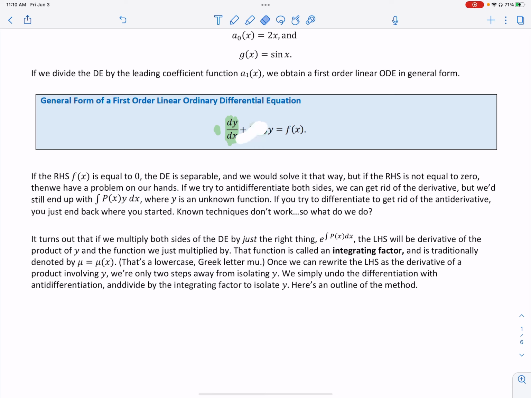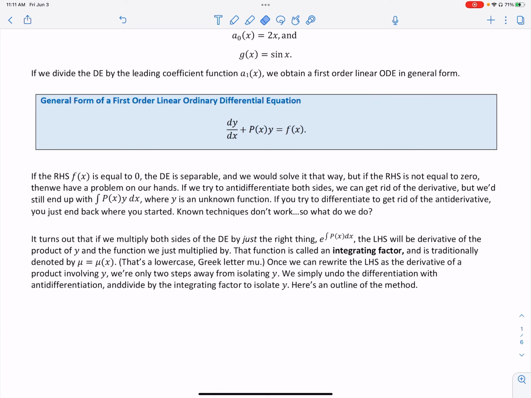The thing about a first order DE, if we have this standard form and we're working with that, if f of x on this side is 0, then we actually have a separable equation. So if you ever have a first order DE, and the right side is a 0, you can do it by the separable method. We always want to use that because it's faster, easier, and a little more straightforward than the method I am about to show you.